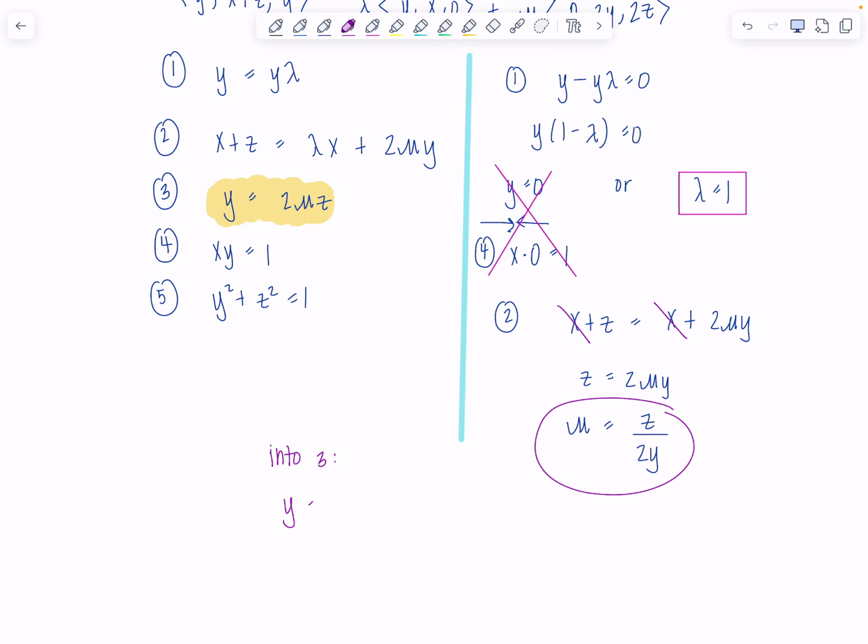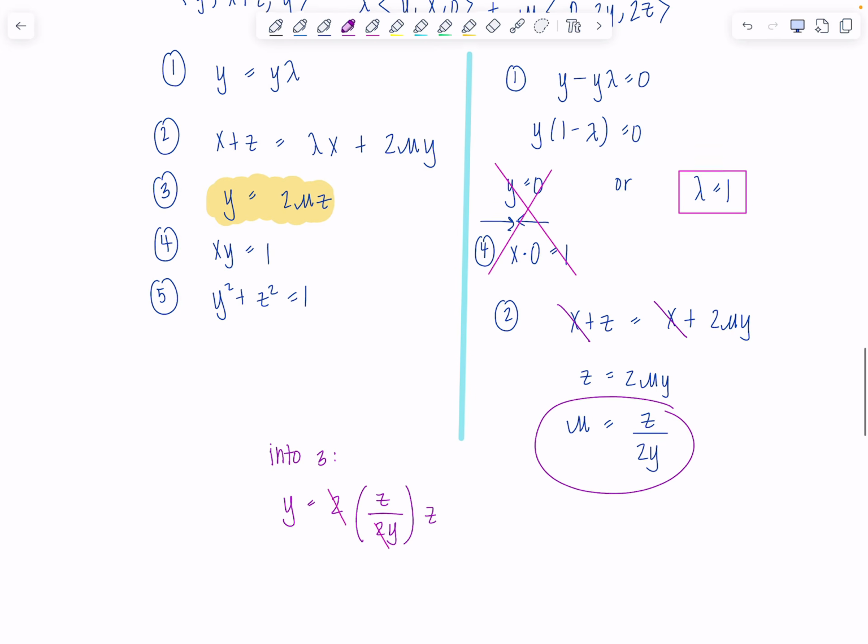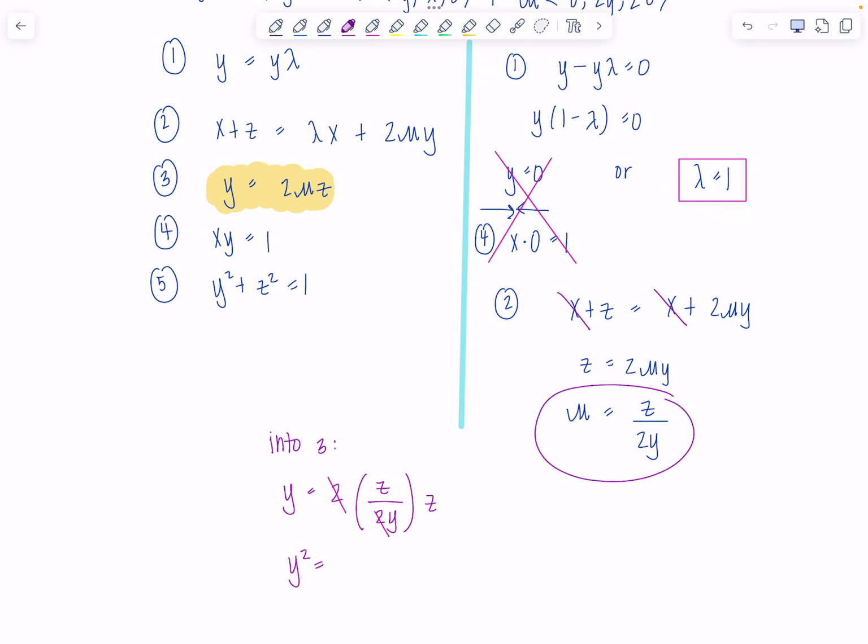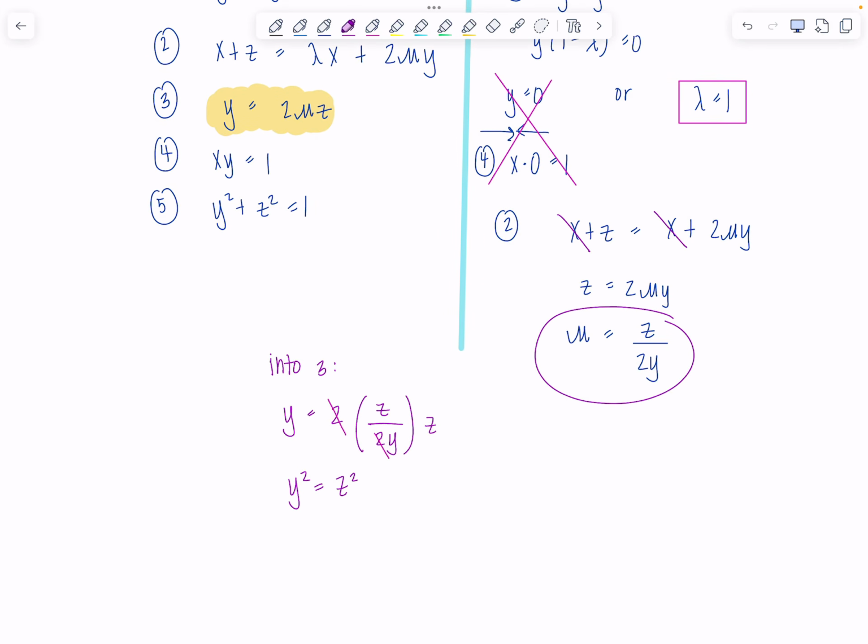So y equals 2 times mu, which is z over 2y, times z. Let me multiply the y over because there's a y in the bottom. Then I have y squared equals z squared. We can multiply through by the denominator because y cannot equal 0. And then y is plus or minus z.